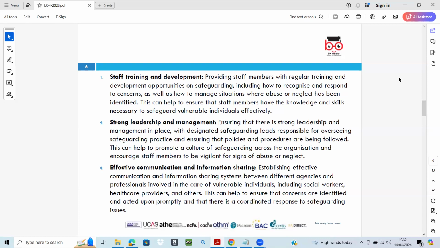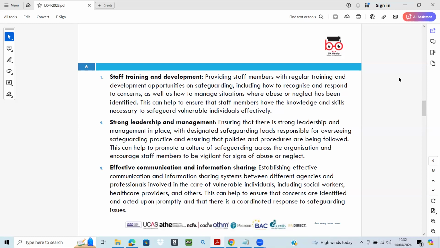So, for staff training and development, regular training for staff on how to recognize, respond to, and manage cases of abuse and neglect is very important. Why do we think ongoing training is also important for staff in health and social care settings?